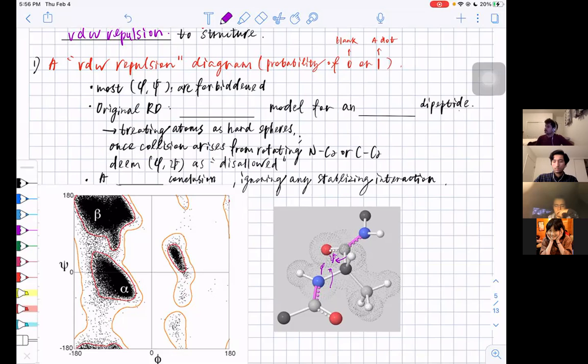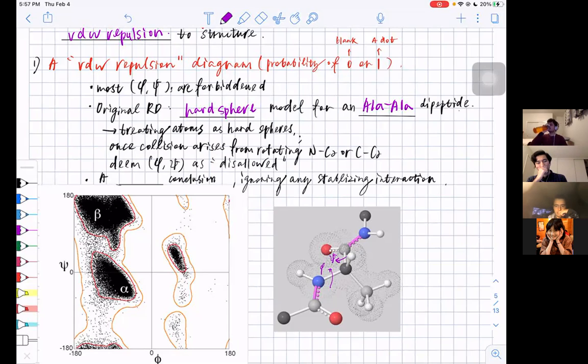Notice that the original Ramachandran diagram used the hard sphere model for an alanine dipeptide, which essentially treats the atom as a hard sphere. So once a collision occurs from rotating the two bonds, the combination is deemed disallowed.